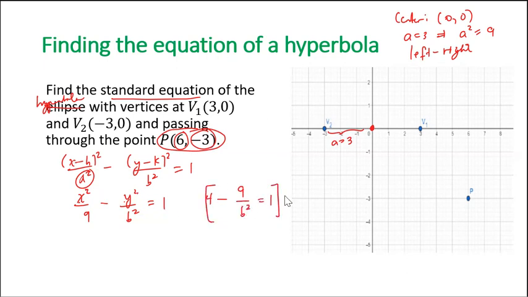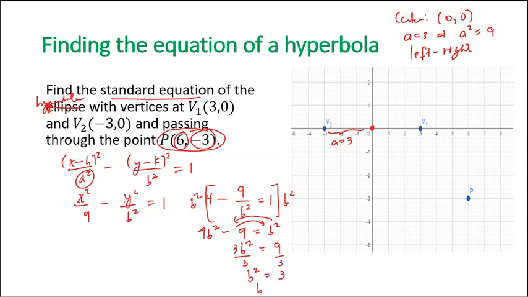If you multiply both sides by b squared, we get 4b squared minus 9 equals b squared. Then transposing b squared to the other side, we get 3b squared, and the negative 9 will be transposed to the other side, giving positive 9. Dividing both sides by 3, we get b squared is equal to 3.